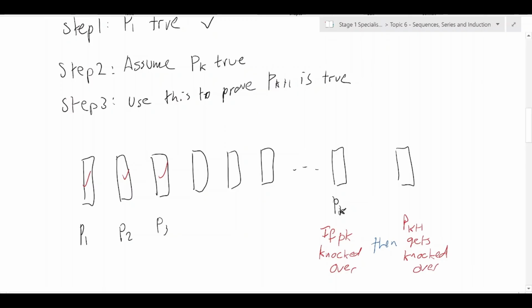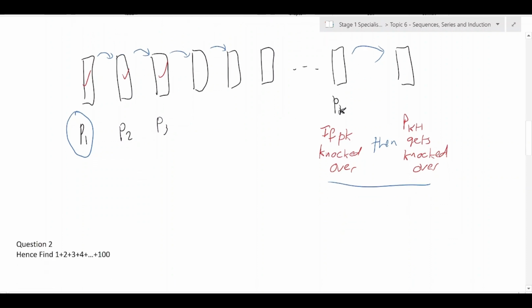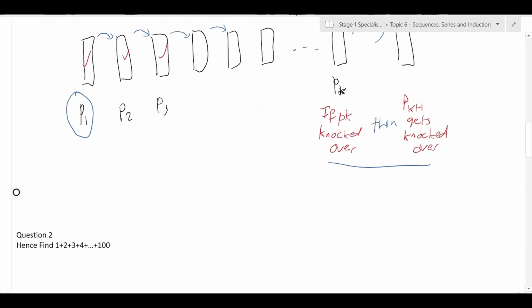And if you've ever set up a bunch of dominoes, you'll know that this would cause the whole stack to knock over. Because if we have these two things being true, then if we have P1 being true, this statement here would make sure P2 gets knocked over. Then P2 is true, so P3 gets knocked over. Then P4, then P5, all the way up to P infinity. So that is how we're going to prove it.